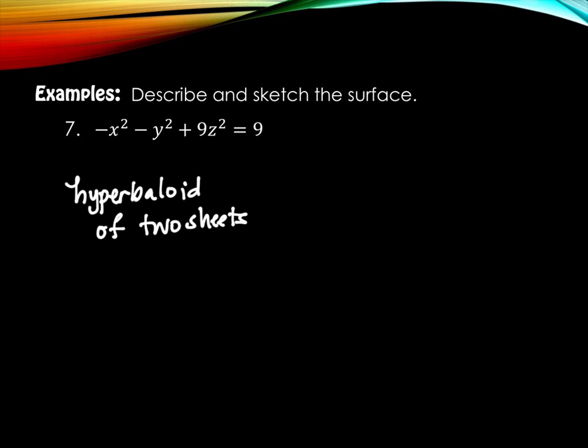And we can turn it into standard form to see that a little bit better. So let's just move our z to the front. This is 9z squared minus x squared minus y squared equals 9. And then I can divide everything by 9. So I have z squared over 1 minus x squared over 9 minus y squared over 9 equals 1.